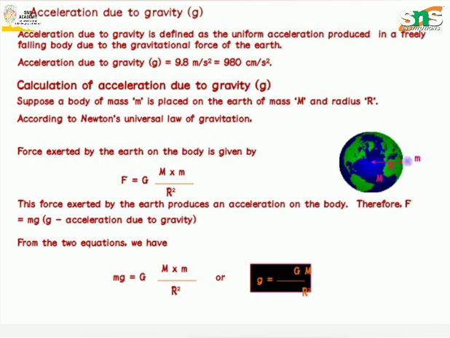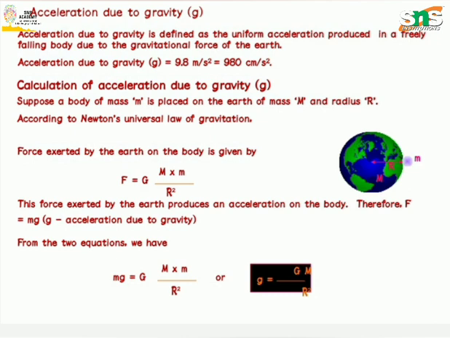How do we calculate the acceleration due to gravity? We take the universal law of gravitation, F is equal to G M m by r square, and according to the second law, F is equal to m into g. So instead of F, we can put m into g is equal to G M m by r square. The small m and small m get cancelled, and the formula becomes g is equal to G M by r square.